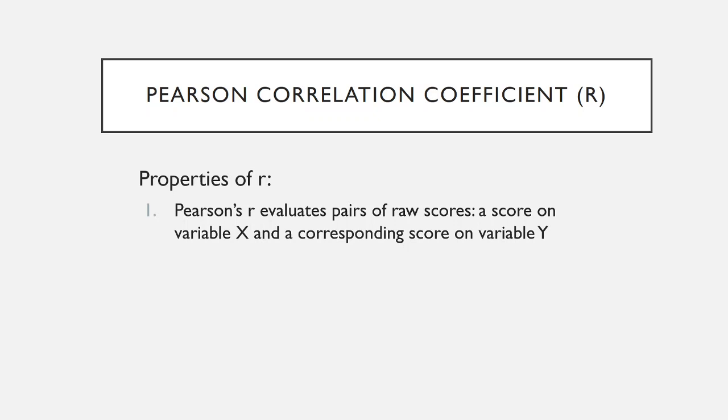You can't run a Pearson's R on a single value, as someone would provide when they were answering a question that asked about both variables at the same time.